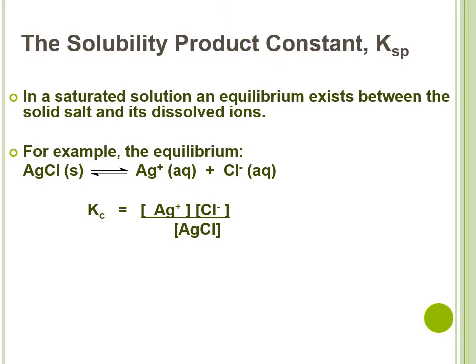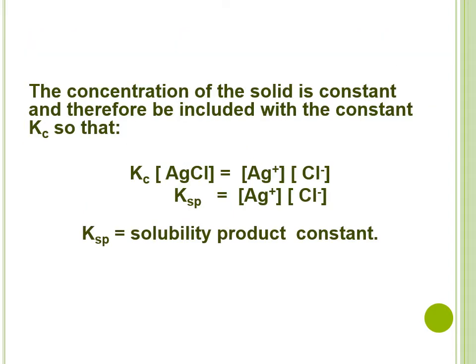For orange coursebook owners, this Kc is correct. But for green coursebook owners, it missed out the concentration of AgCl. Can you please add it there at your page 214? Thank you. Since the concentration of the solid is constant, we can include it with the constant Kc.